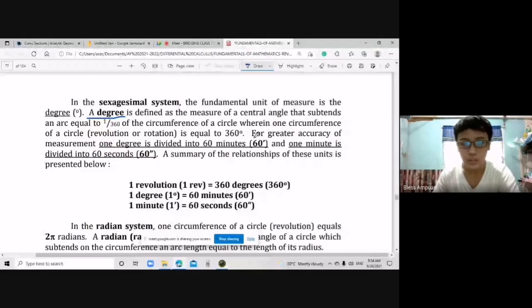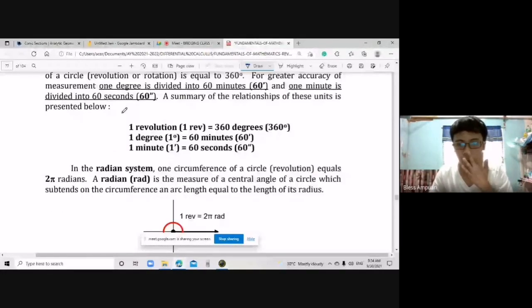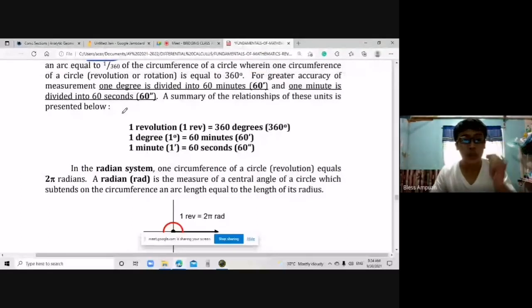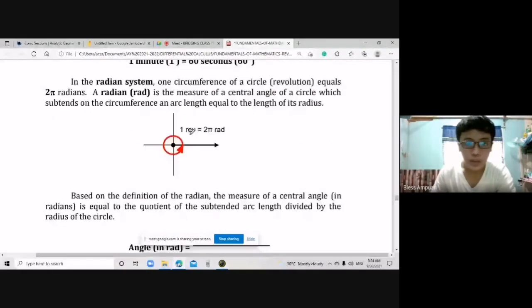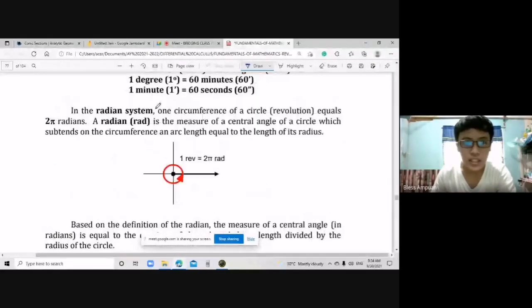Here is a summary of the relationship of units, which is presented below. One revolution is equal to 360 degrees, and then 1 degree is equal to 60 minutes. 1 minute is equal to 60 seconds. Then there is also the radian system.